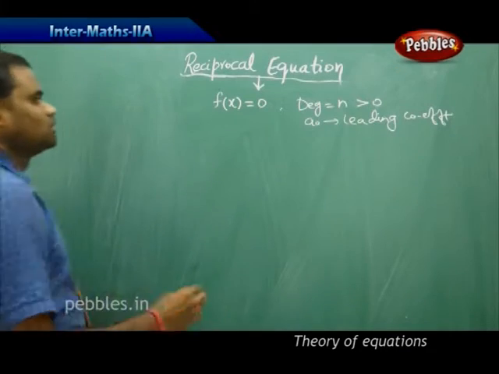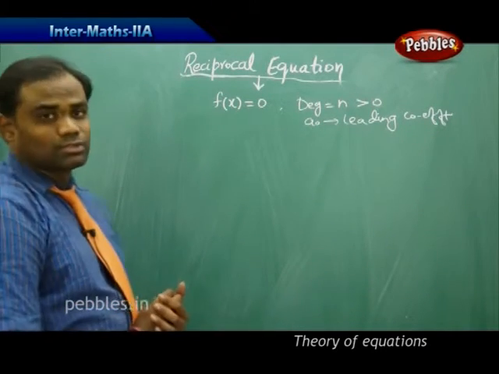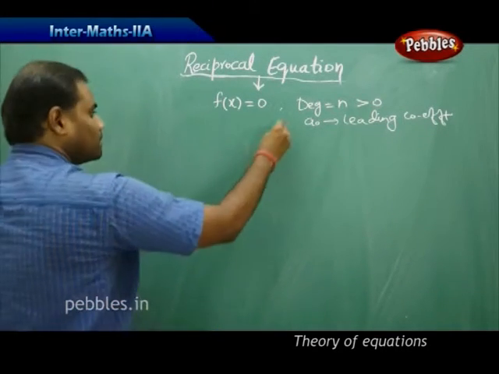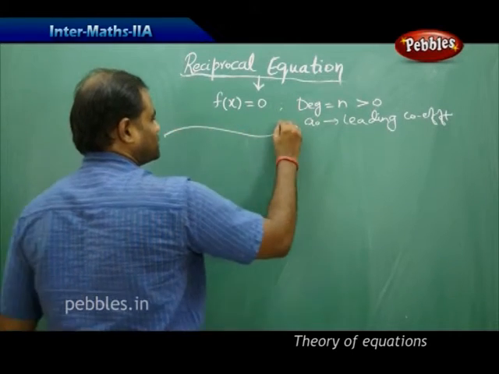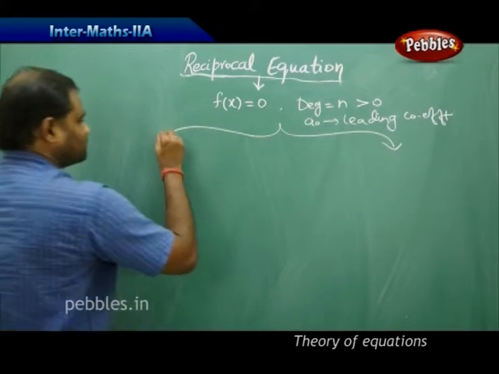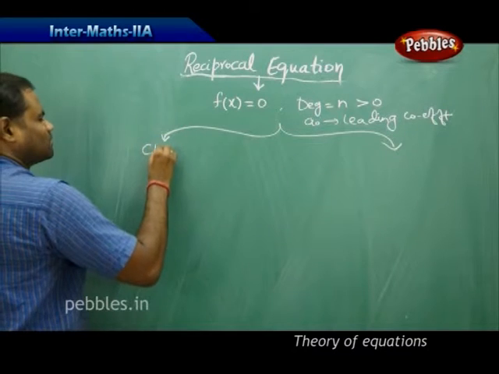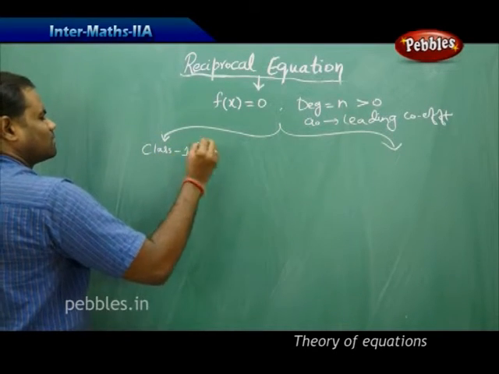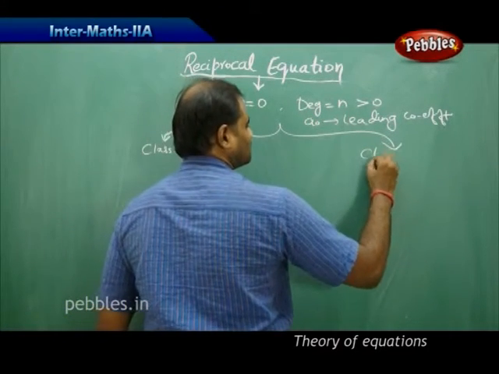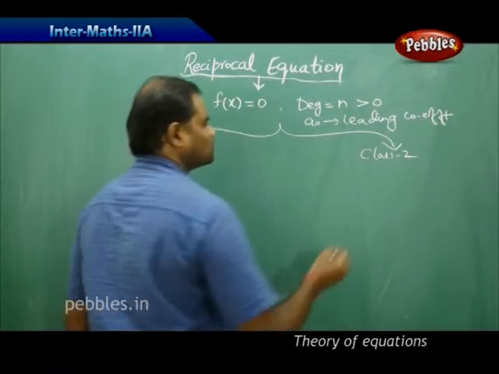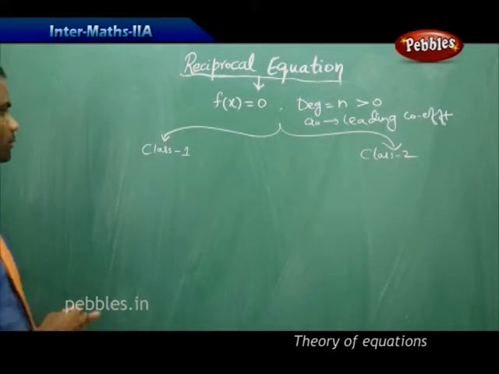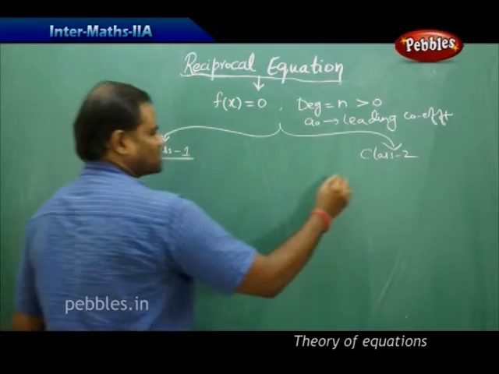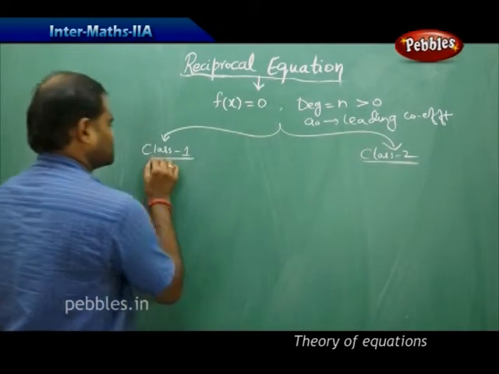If I want to identify this as class 1 or class 2, I have two classifications which have their respective definitions: class 1 and class 2 reciprocal equations, or class 1 functions or class 2 functions.